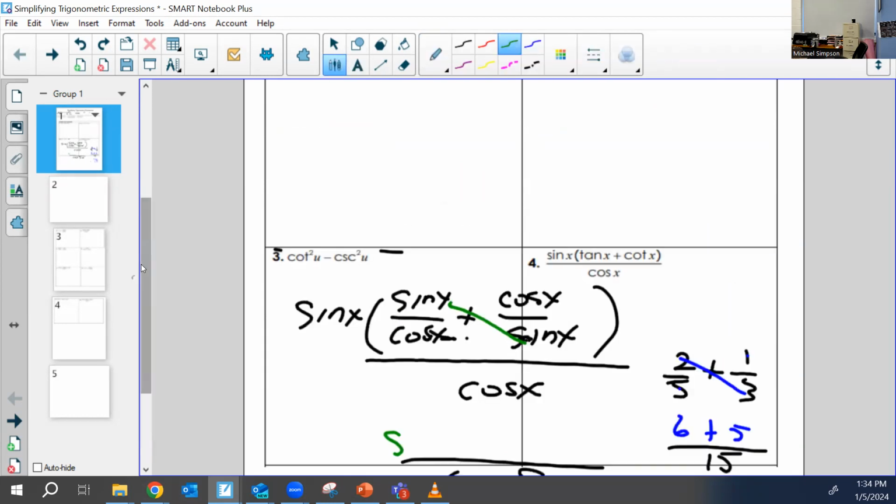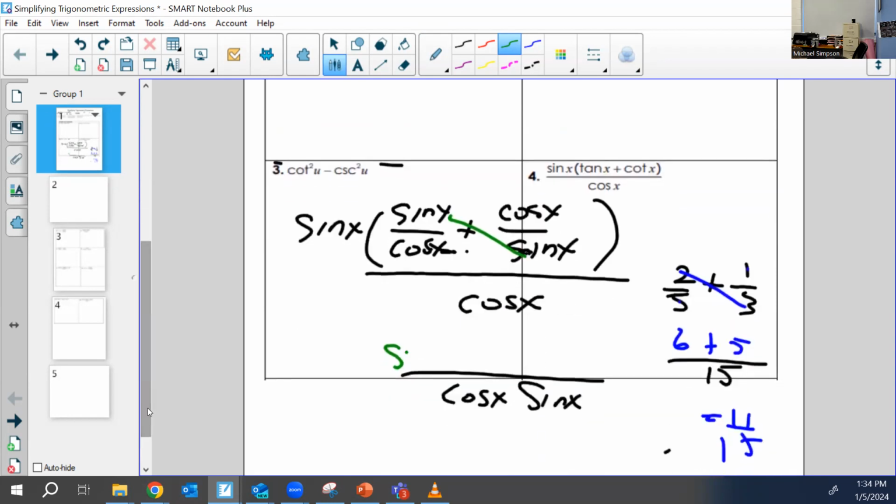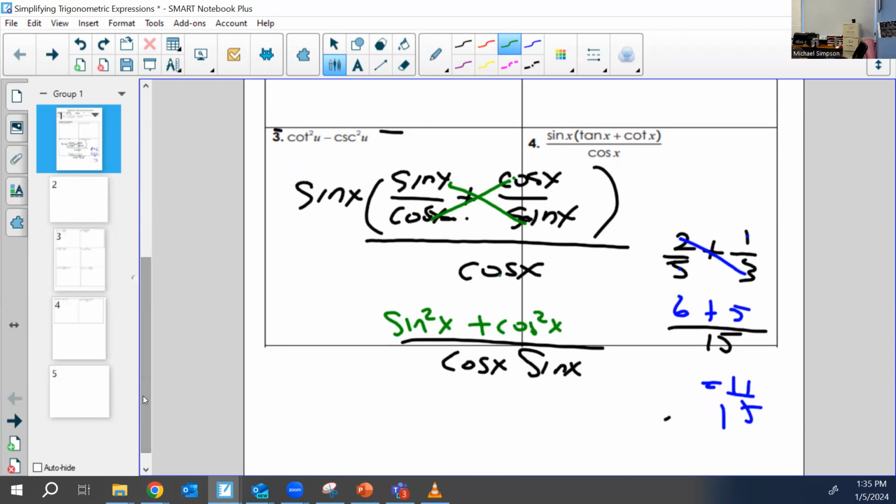Okay, so that gives me sine square x, and then, good, this is over cosine x, and then this is multiplied by, good. This becomes what? What is that equal to?